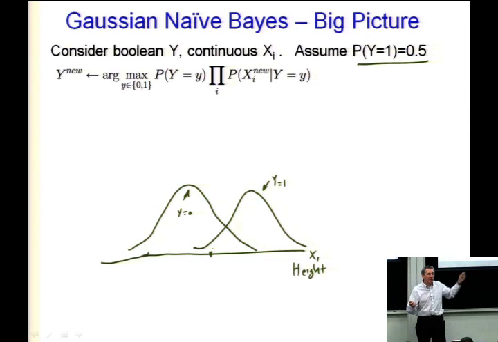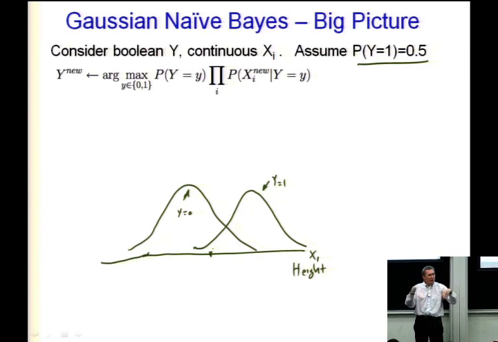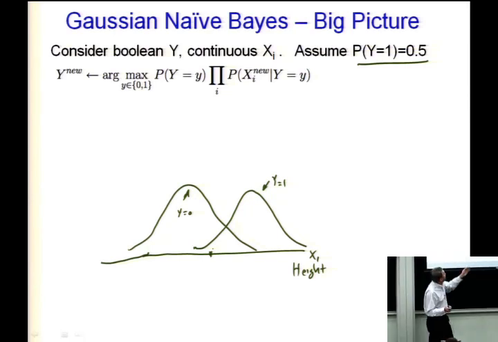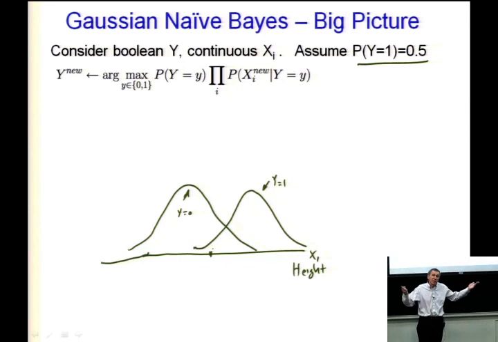But when it grounds out in any given example, of course, there are no integrals or any fancy math involved. I just say, well, what's the probability of 5 feet 10 given that y equals 1? I put that into my Gaussian distribution. It gives me a probability density. And the same when I ask it for y equals 0. So it's really not complicated.